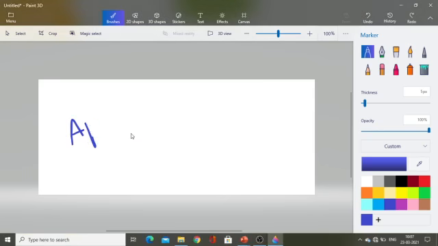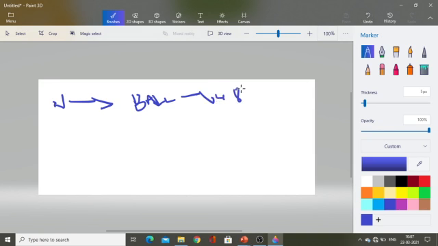So, Nolan wrote the word ball with the code 6, 4, 8 and 8. If you see the last two letters L and L, here also the same digit 8 and 8.